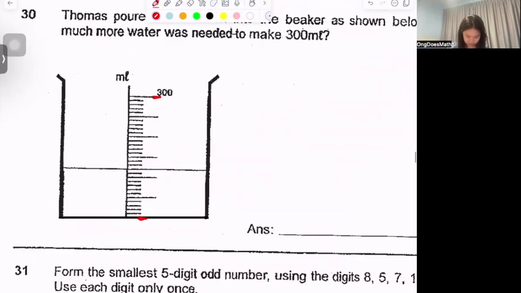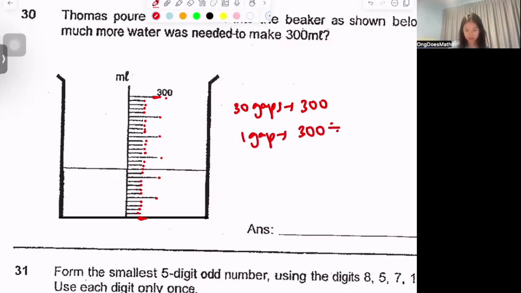So this is 1, 2, 3, up to 30. 30 gaps give you 300 ml, which means one gap should equate to 300 divided by 30. So 10 ml, which means this gap over here gives you 10 ml, next gap gives you 20, and so on.